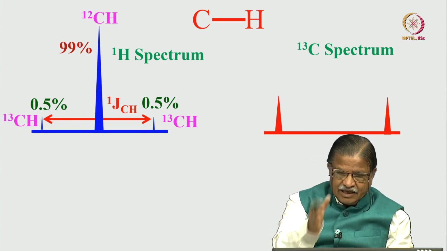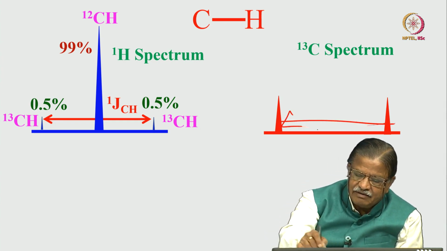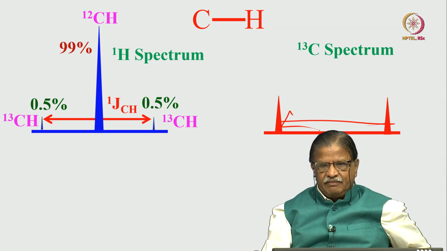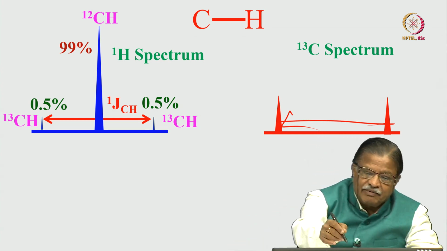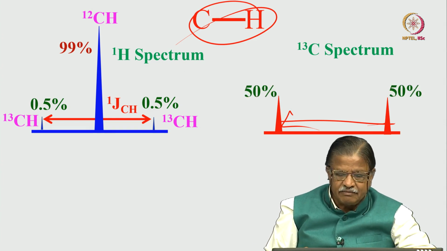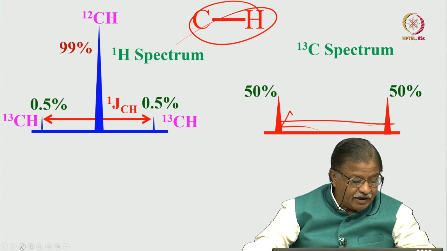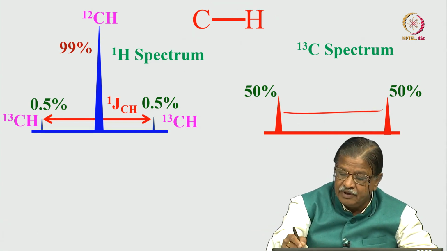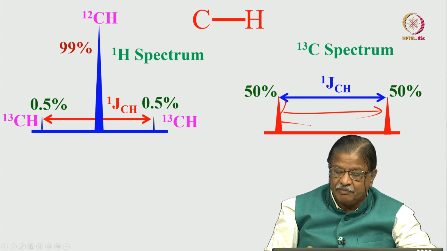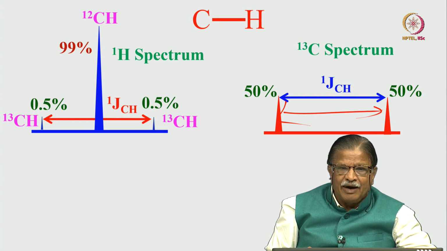I am directly detecting carbon-13, so it will be coupled to the proton, and it will be just a doublet of equal intensity. So in the carbon-13 spectrum of this hypothetical molecule, we get a doublet with 50-50 intensity because it is split into a doublet. The separation gives you the J coupling between carbon and proton.